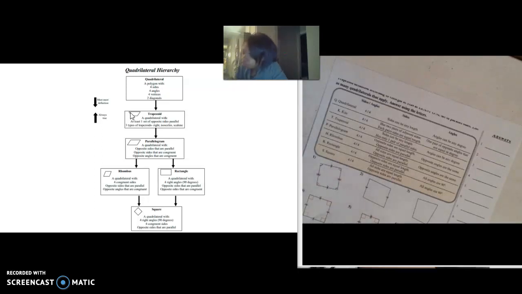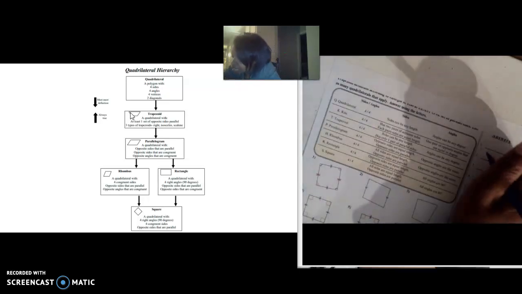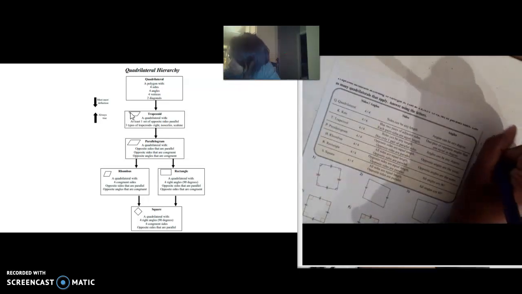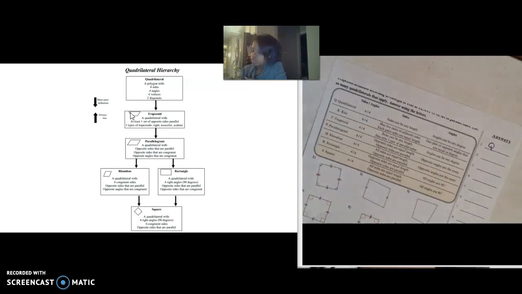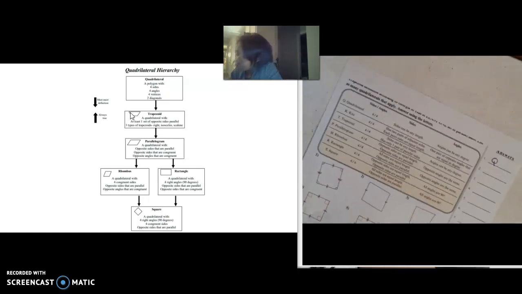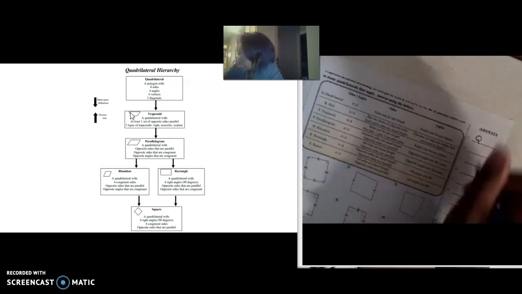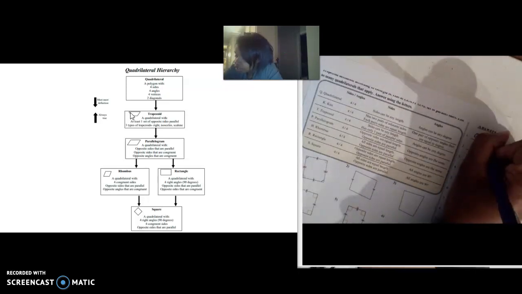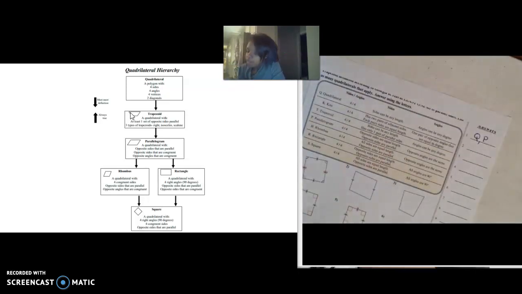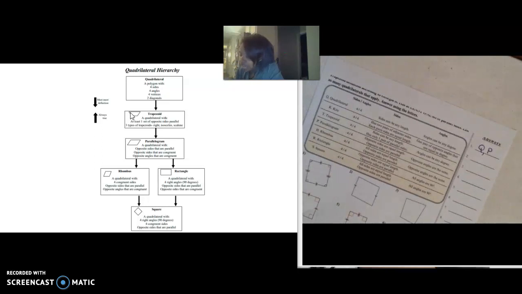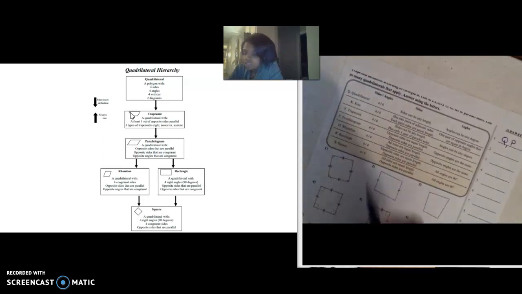So this is a quadrilateral. So I'm going to just classify it as a quadrilateral. It has 2 sets of parallel sides, so it is also a parallelogram. But I don't see anything else. I do not see right angles. This is not a 90-degree angle.